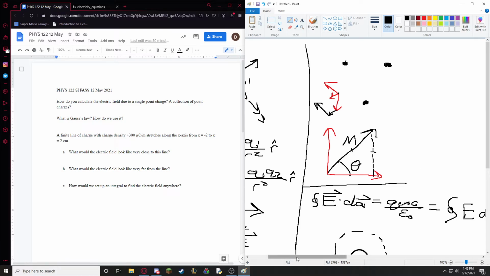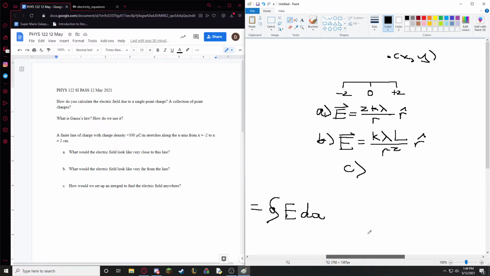Now, a line of charge is effectively just a bunch of little point charges, going along here, effectively an infinite number of point charges all lined up next to one another. And each one is going to contribute to the electric field. So how would we actually set that up?